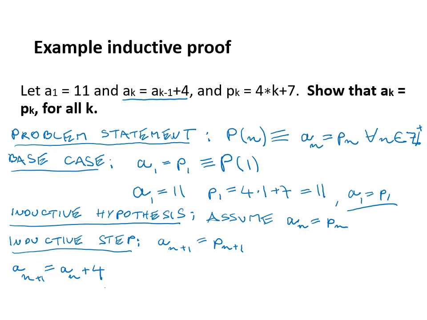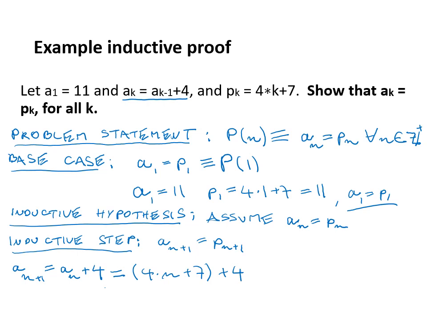And that is equal to, now we plug in our inductive hypothesis. So we assume that A of n is equal to P of n. And so instead of A of n, we're going to plug in 4 times n plus 7, and then plus 4.